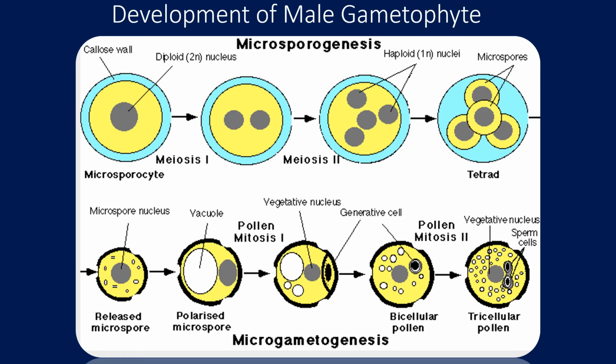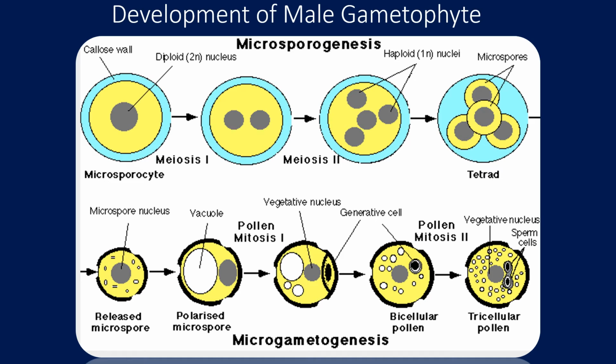One is the generative cell, another is the vegetative cell. A small generative cell and a large tube cell are formed. The former is surrounded by a layer of cellulose that separates it from the cell wall.